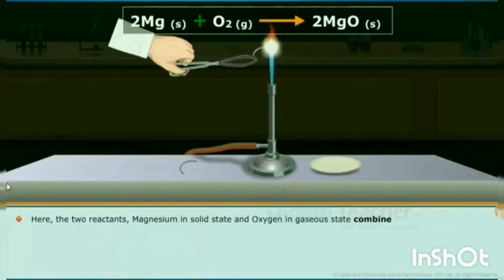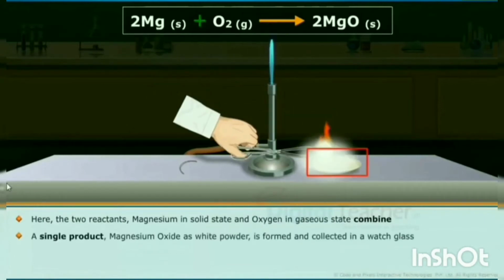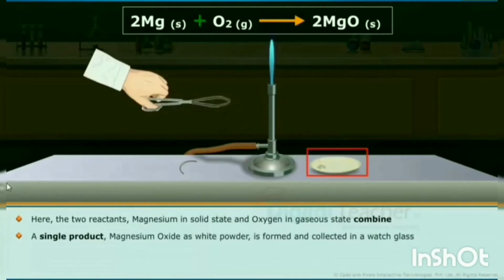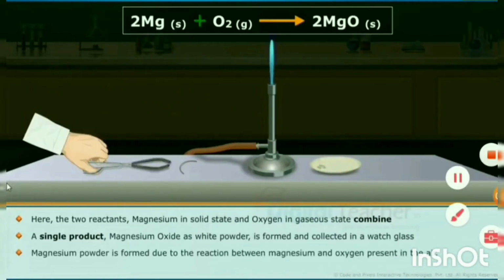Here there are two reactants, magnesium in solid state and oxygen in gaseous state. They combine to give us a single product, that is the ash, which is also known as magnesium oxide. The magnesium oxide powder is formed due to the reaction between magnesium and oxygen present in air.